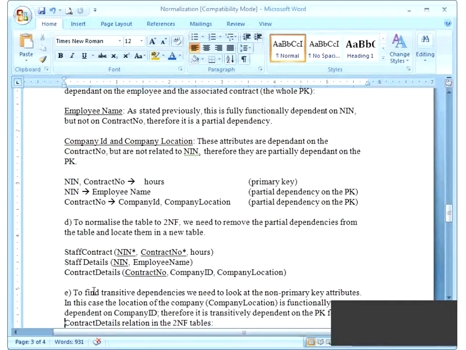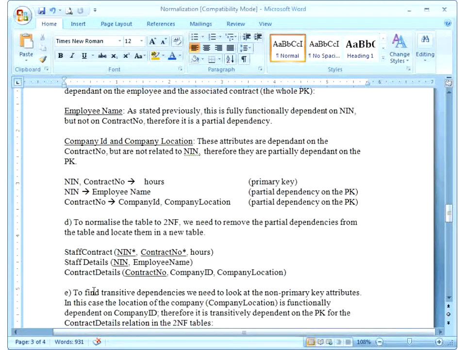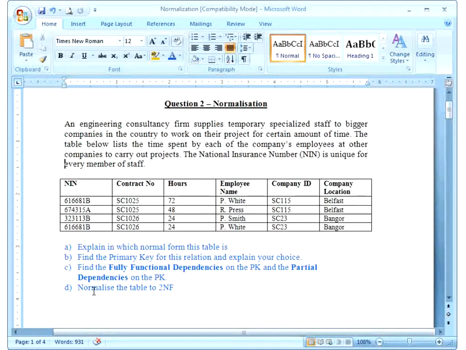The partial dependencies are employee name, and company ID and company location, which depend on contract number.